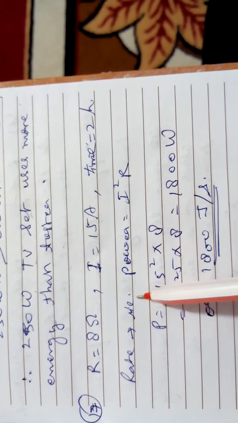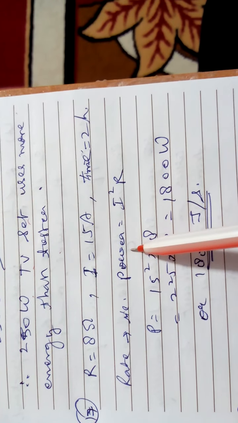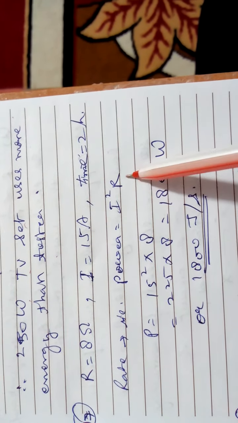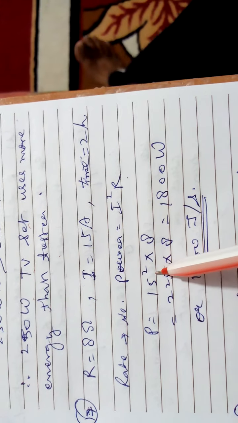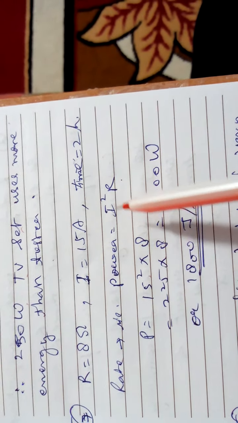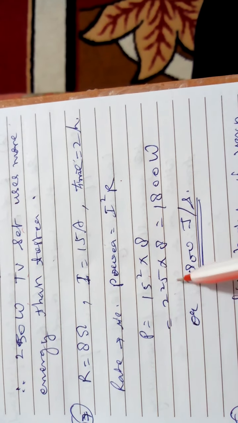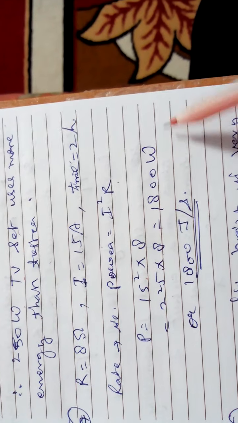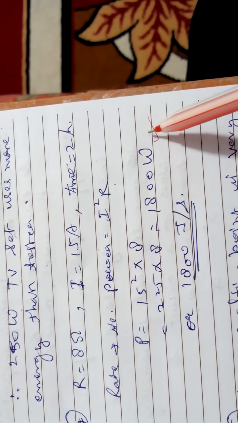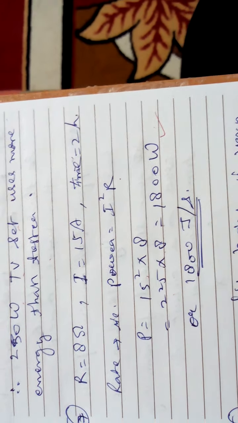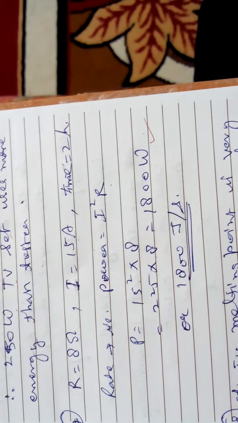The rate means power, I square R. Current 15 ampere, R is 8 ohm, 15 squared is 225 into 8, 1800 watt. 1 watt is 1 joule per second, so 1800 joule per second is the heat produced.